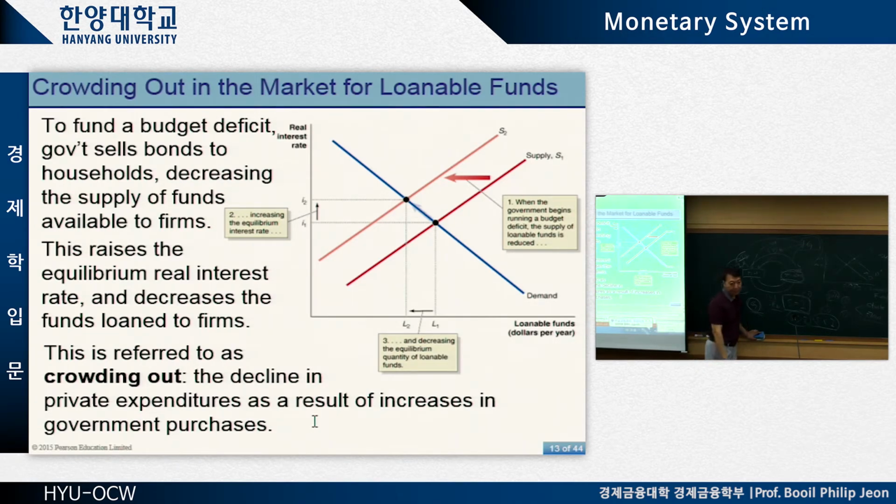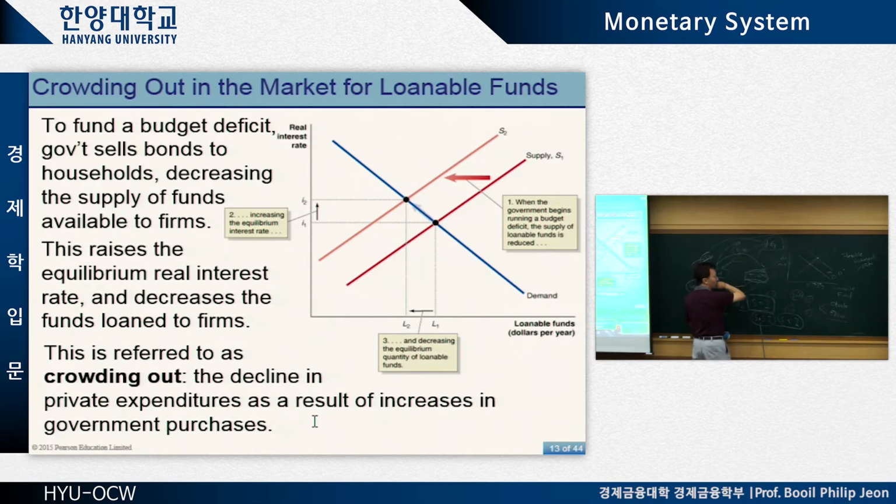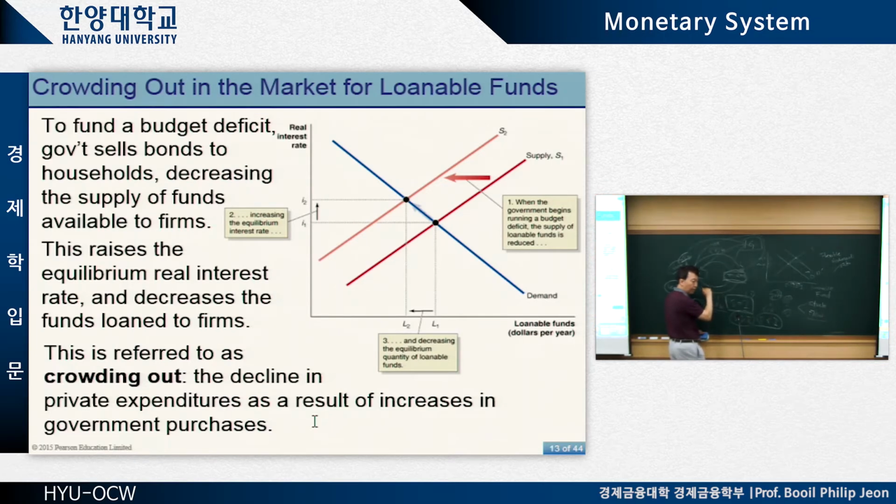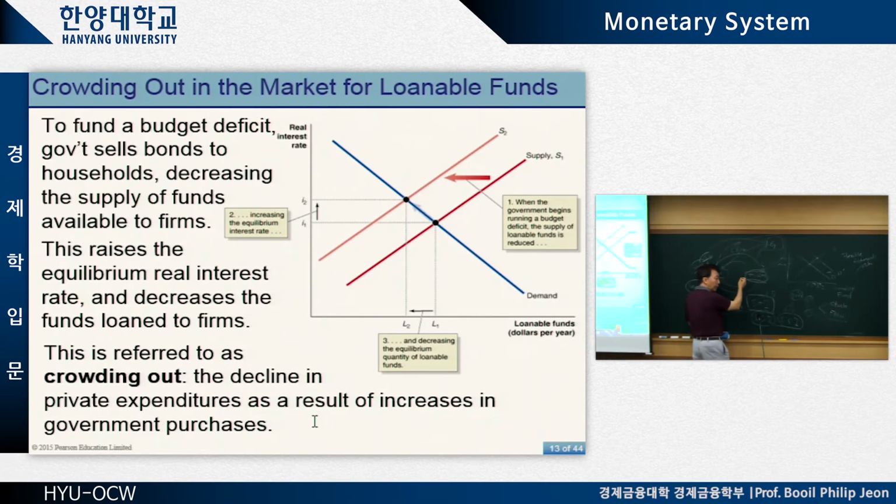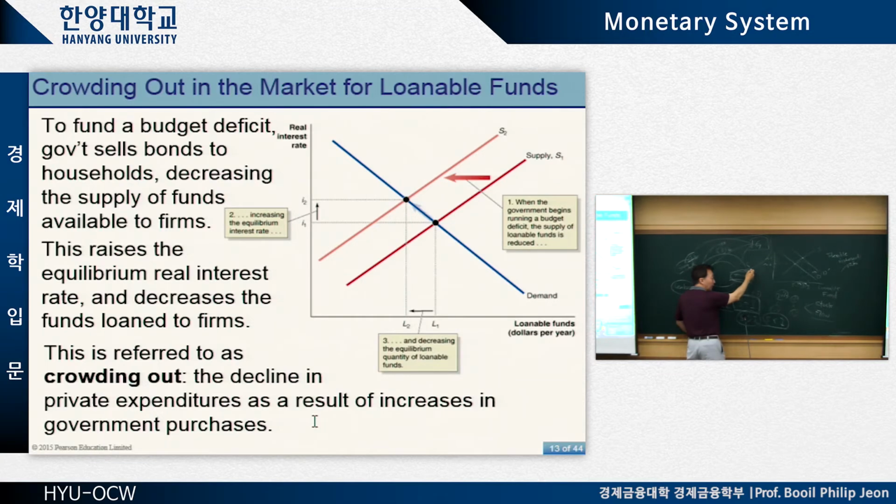So taxes are leakages because money is taken out of the circulation, right? But the government spending is an injection.